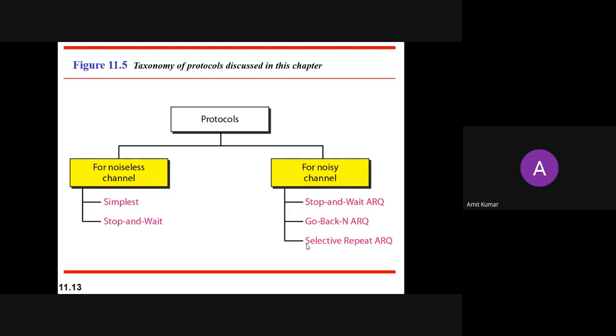In the noisy channel, we have stop and wait ARQ, go back N ARQ, and selective repeat ARQ. We are going to see all those protocols in detail. This will be the last thing we are going to study, how you are going to send. The first one is the simplest, the noiseless channel, and the second is stop and wait.